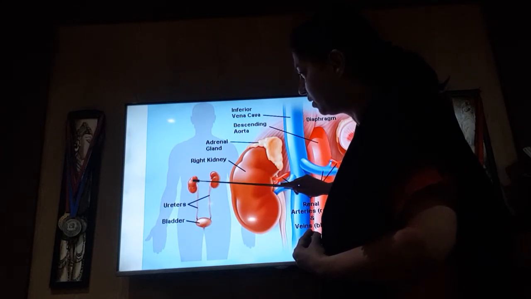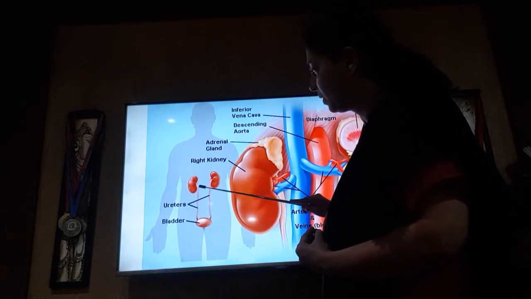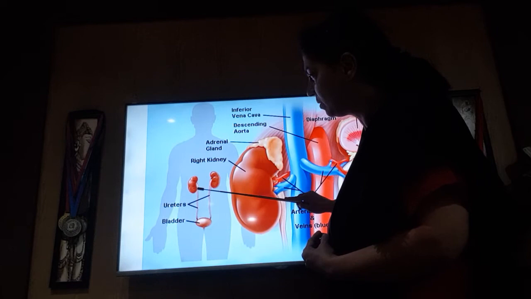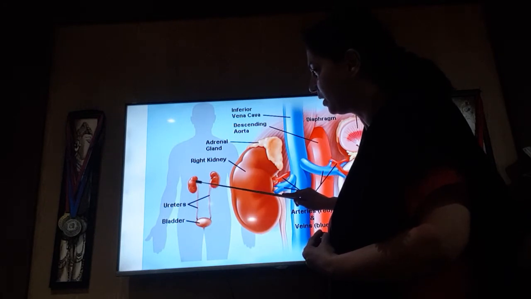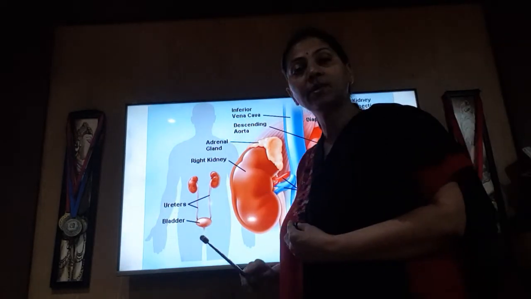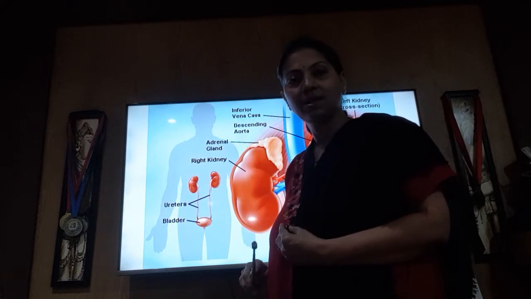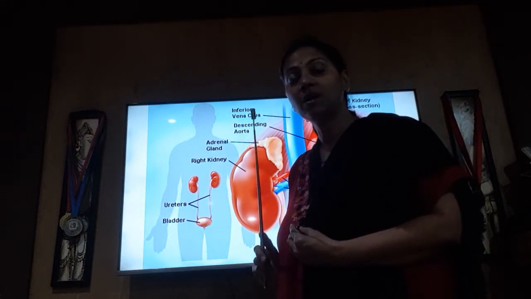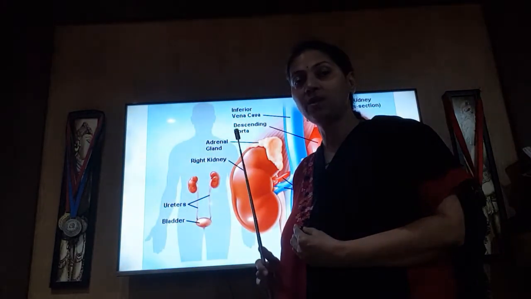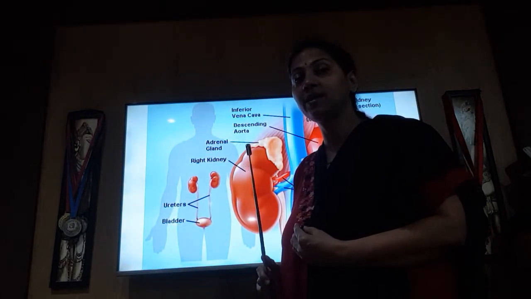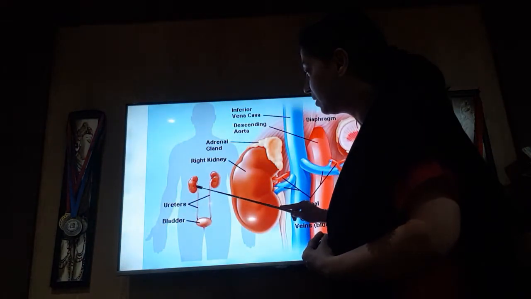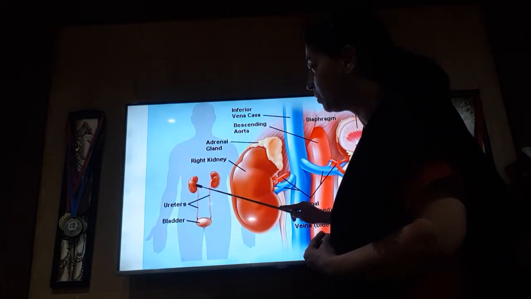Then below the diaphragm here, see this, I have put my pointer here, below this area, it will be divided into 1, 2 and 3 parts. Means the medial, then intermediate and lateral part. The medial border is related to psoas major muscle, because it is taking its origin from the bodies of T12, L1, L2, L3, L4, L5, you remember. So the medial surface is related to the psoas major.